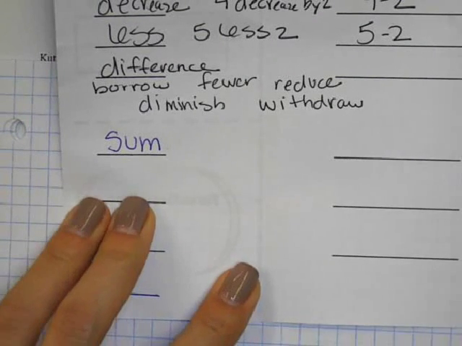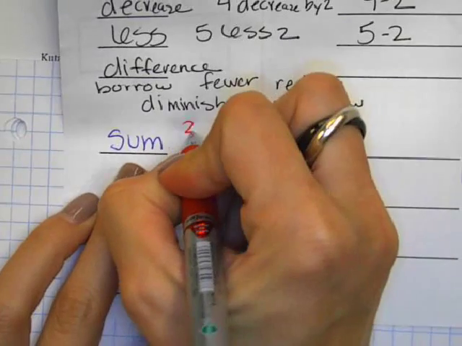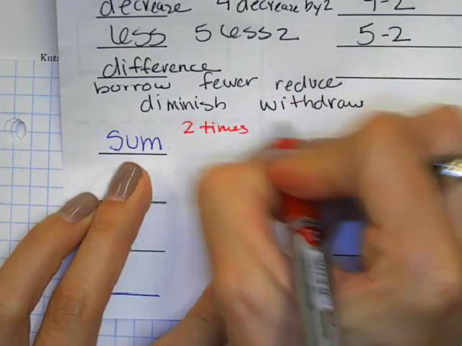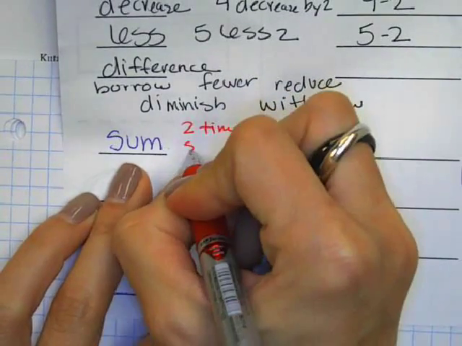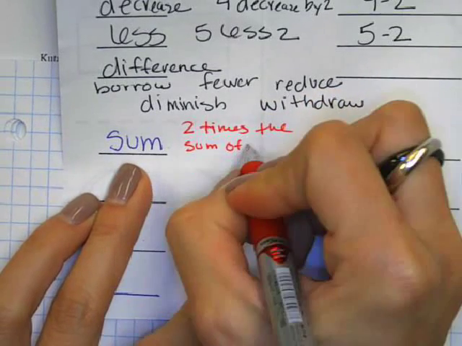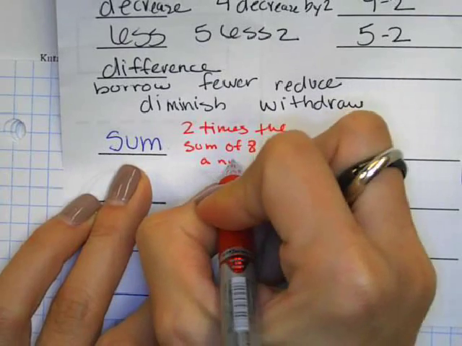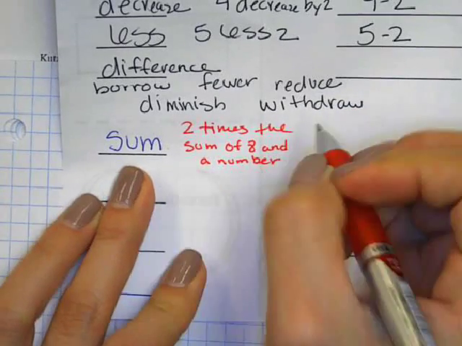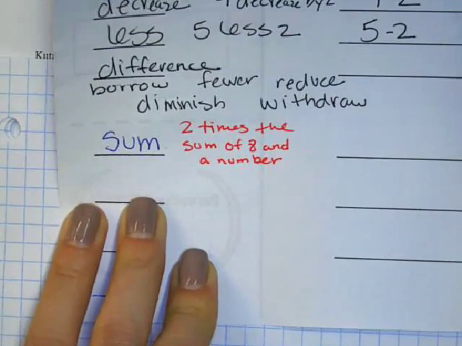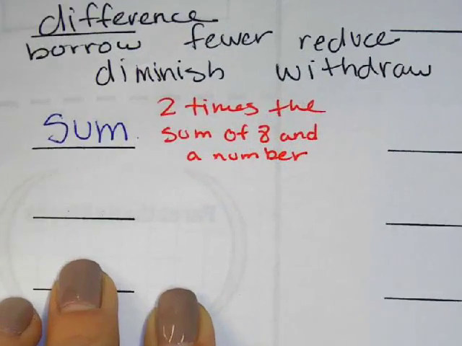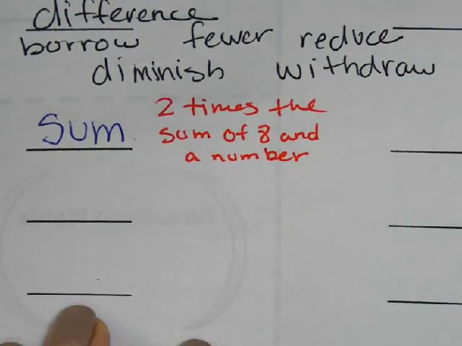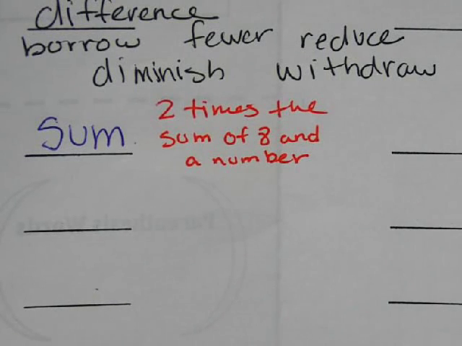So, for example, let me write down this problem. 2 times the sum of 8 and a number. So write that down.